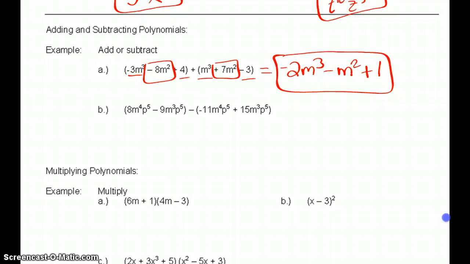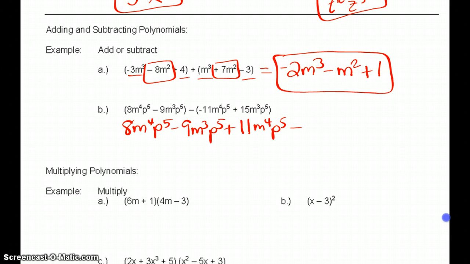Okay. In this one, we're just going to distribute the negative. So we have 8m to the 4th, p to the 5th, minus 9m to the 3rd, p to the 5th, becomes plus 11m to the 4th, p to the 5th, and then it becomes minus 15m to the 3rd, p to the 5th. So we have our like terms here and here, which gives us a sum of 19, m to the 4th, p to the 5th.